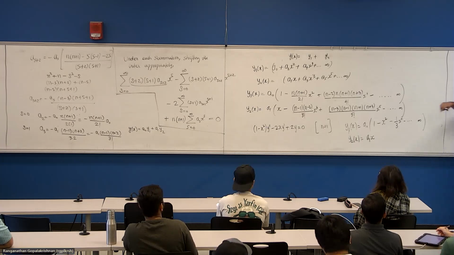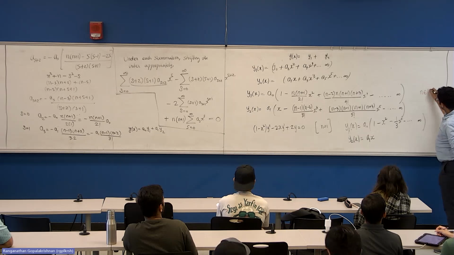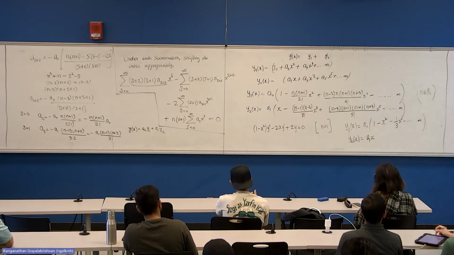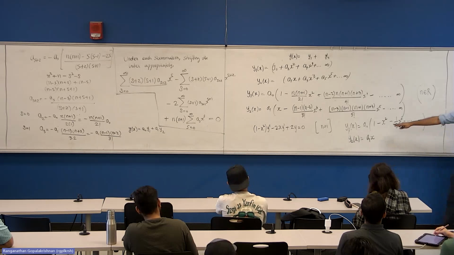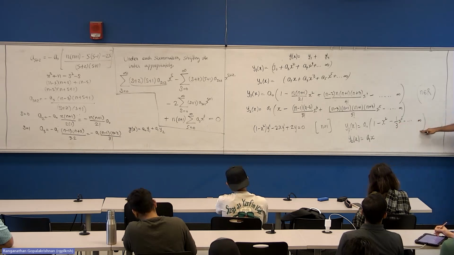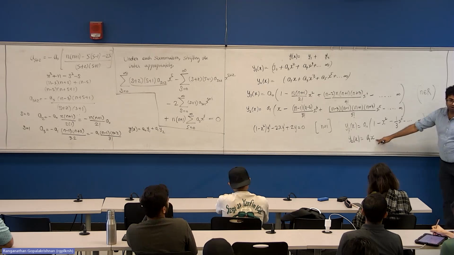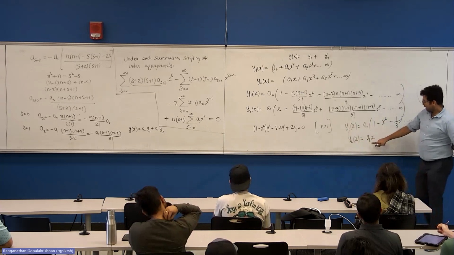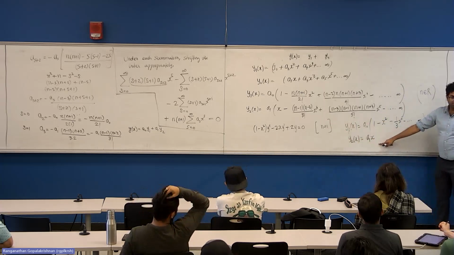So here is the general solution for any value of n, and here is a particular case where one of the basis functions is an infinite series and the other is a polynomial of order 1. It just happens that this is n equals 1 and this happens to be a first order polynomial.